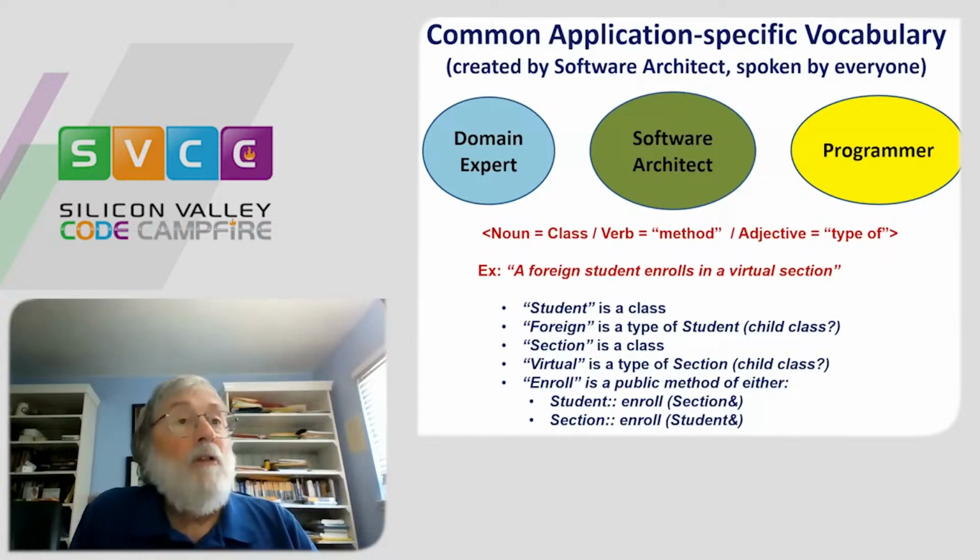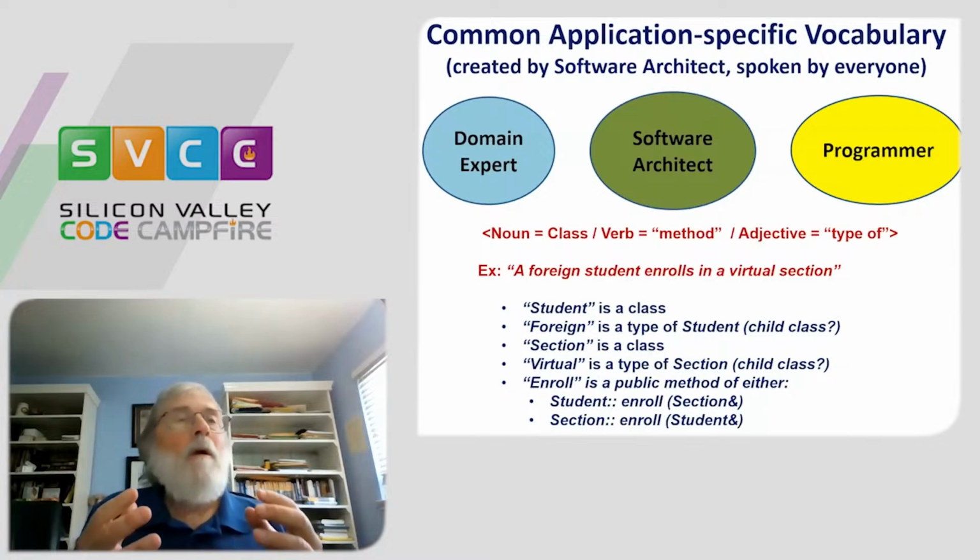Section is a class. Those are nouns. Virtual is a type of section. I have a virtual section. I have an on-campus section. Enroll is a public method. So a student enrolls in a section, or a section enrolls a student. But we understand that enroll is going to be a method that we're going to have to support in one of those two objects.